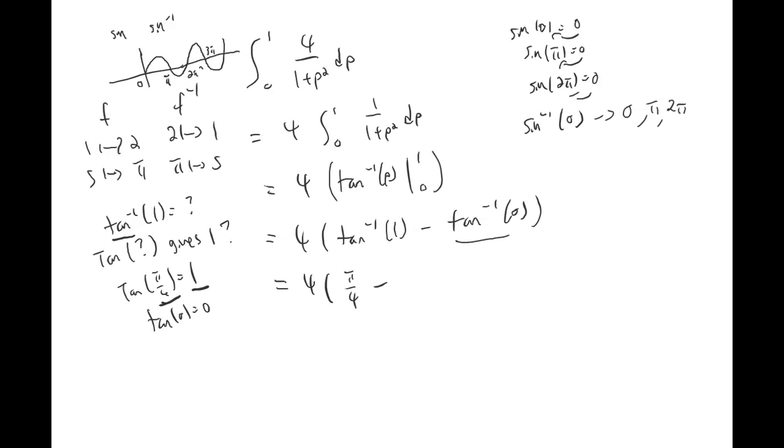If you restrict to between negative pi and pi, then you could choose one. The book just makes a choice. The book chooses negative pi over 2 to pi over 2 for tan inverse. You could choose another interval, but that's what the book goes by.